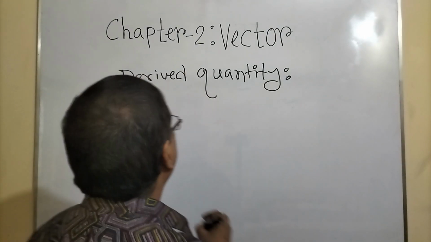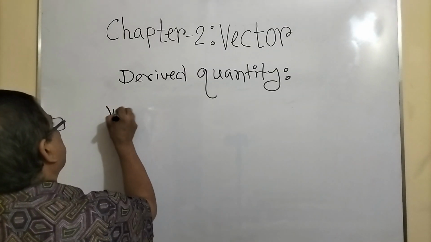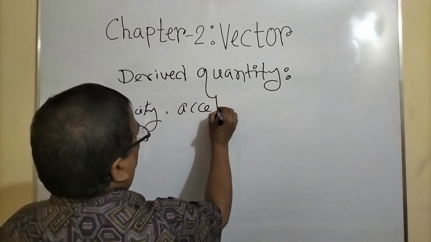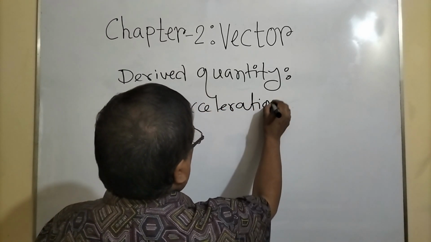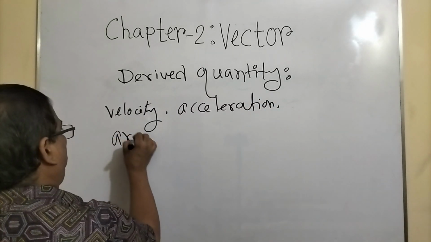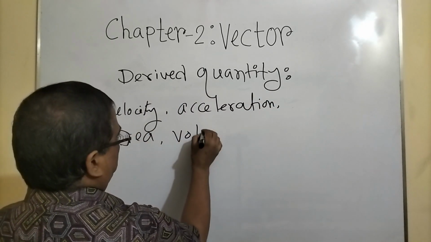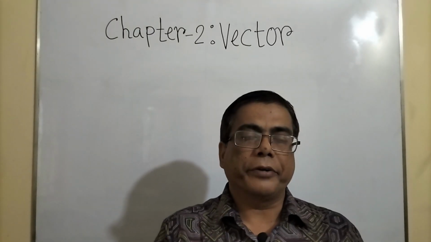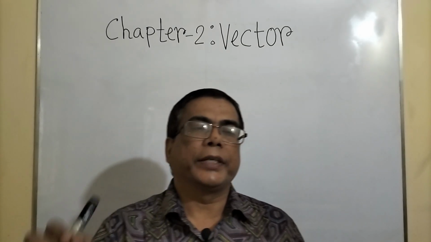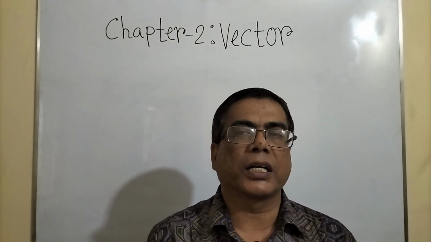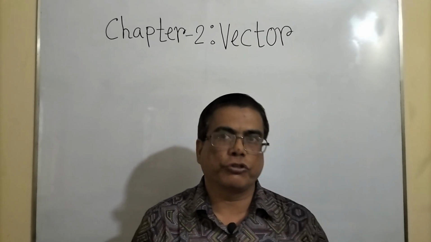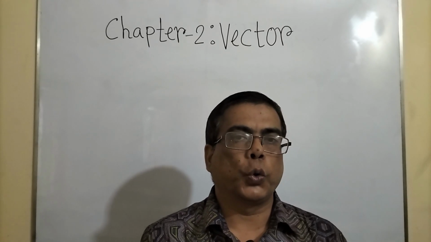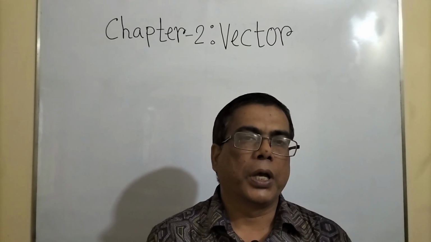For example, velocity, acceleration, area, volume, etc. Again, based on the directions, the physical quantities are classified into three types, into three categories. Number one, scalar quantity. Number two, vector quantity. Number three, tensor quantity.